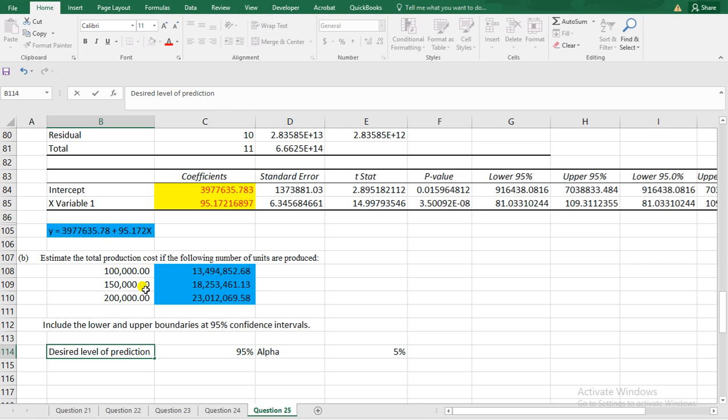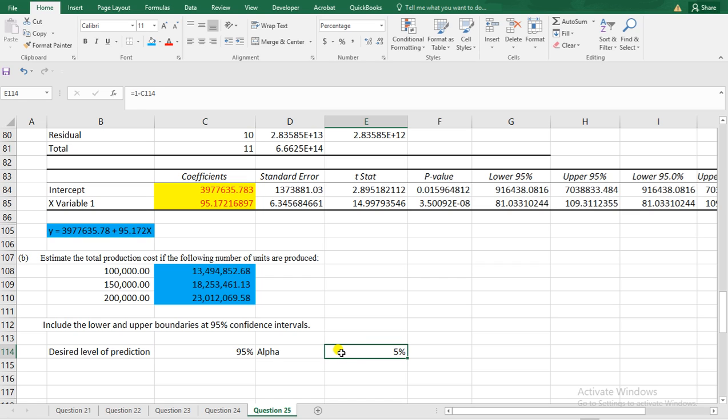At this point, you need to achieve 95%. The desired level of prediction is 95%. And of course, there's a chance that I won't be correct, which basically gives us 5%.